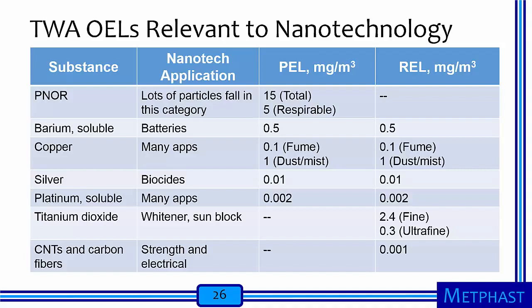For TiO2, the OSHA PEL for particles not otherwise regulated applies, 15 milligrams per meter cubed, whereas the new recommended exposure limit is almost 10 times lower for fine and 50 times lower for ultrafine particles. For carbon nanotubes, the OSHA permissible exposure limit again applies, 15 milligrams per meter cubed, whereas the new REL is 0.001 milligram per meter cubed, or 15,000 times lower.